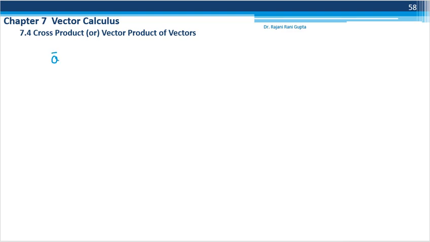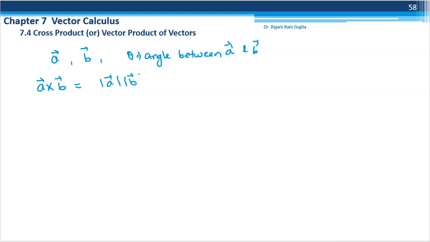If you are given vector A, vector B, and theta, the angle between A and B, then you define the cross product of vectors A and B as the magnitude of A times the magnitude of B. Now since an angle is involved, for the dot product we had cos, here we will have sine of angle theta, multiplied by n cap. N cap is nothing but a unit vector perpendicular to the direction of A and B.